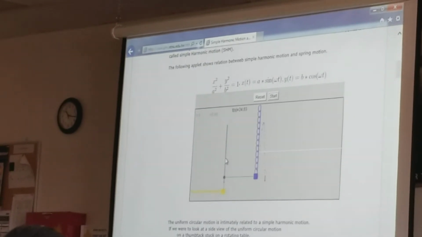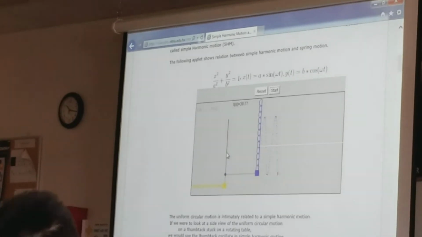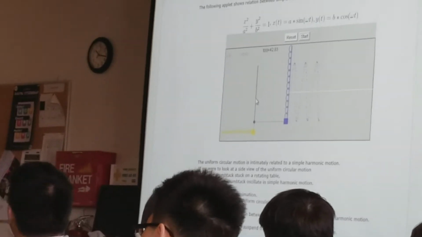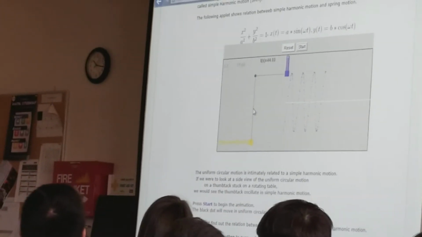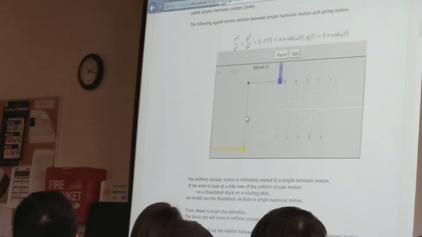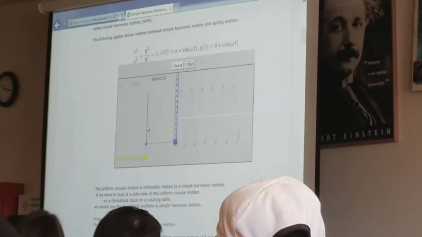What's the purpose of viewing the edge of the wheel? The purpose is that now, as you watch the dot on the wheel rotate, you can only see the vertical component of the motion of the dot. The horizontal component has been eliminated.